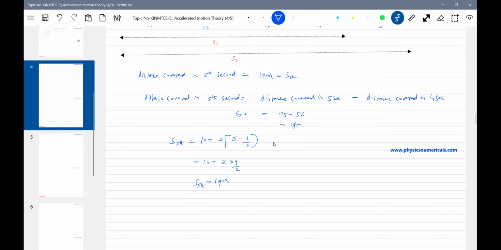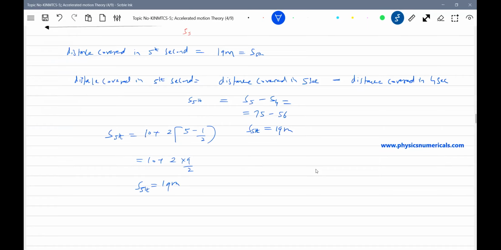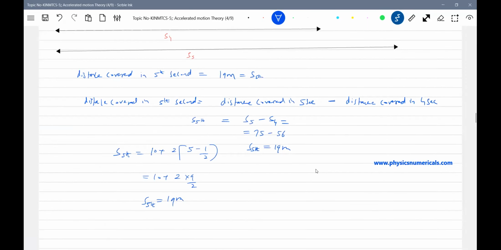So there's a difference between distance covered in the 5th second and distance covered in 5 seconds. This should be S5 minus S4. I'll write one more step: 75 minus 56. So finally, how much? 19 meters. Now tell me, if I ask you such a question, you have to really work out so much, no?